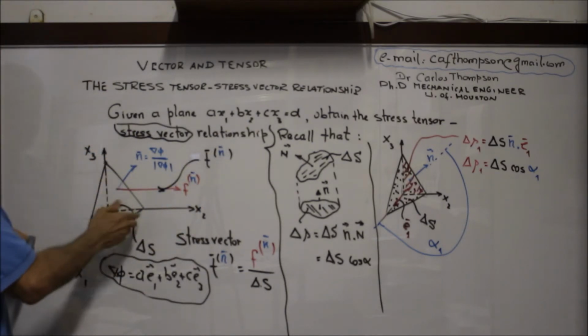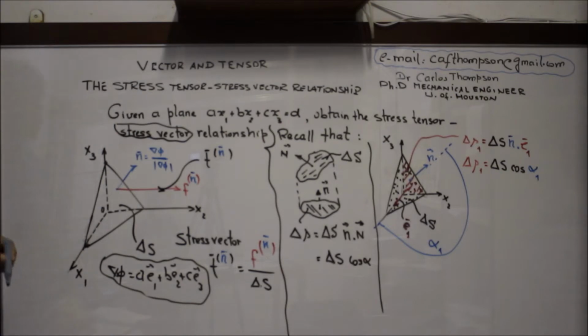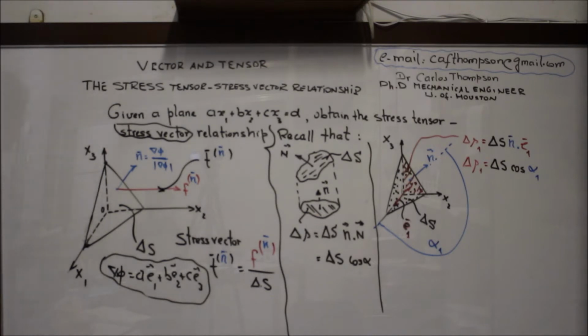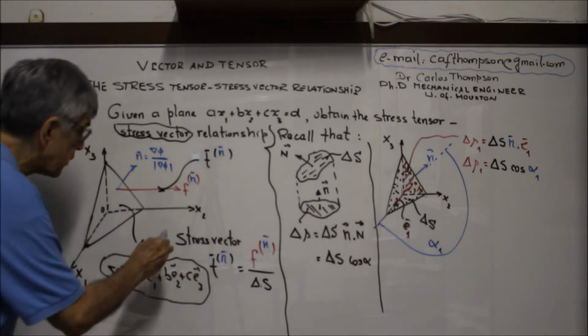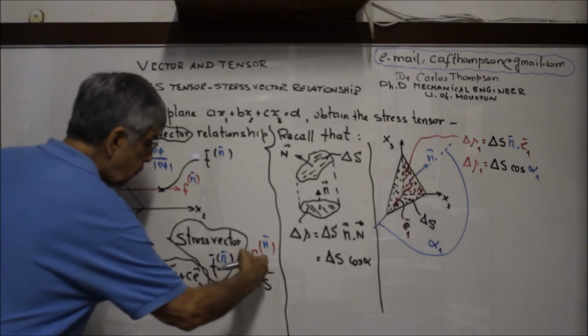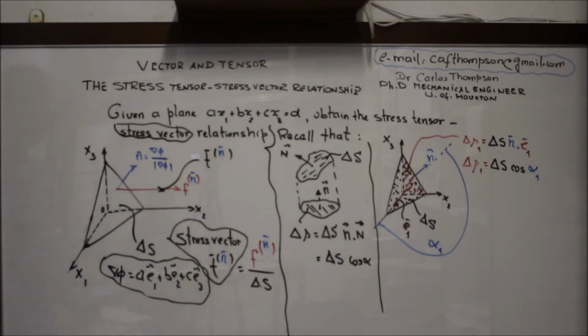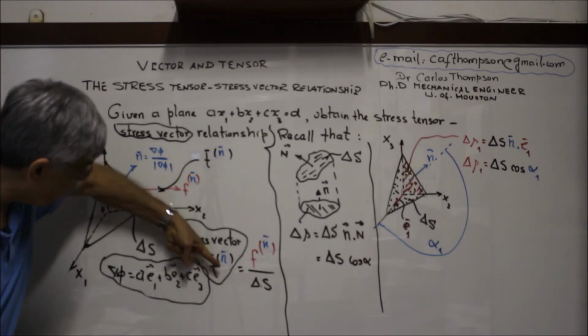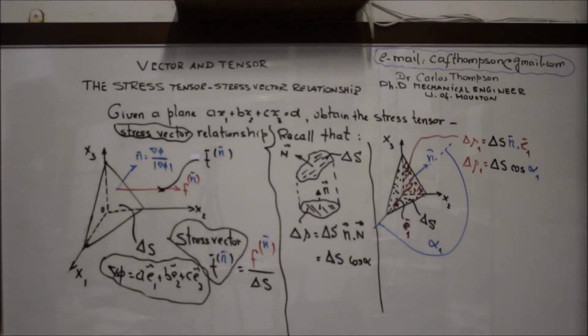If I change the plane, I change the unit normal vector to the plane. That's why you put T n over here. This is the stress vector, force divided by area. Force, obviously, is the stress vector times the area.